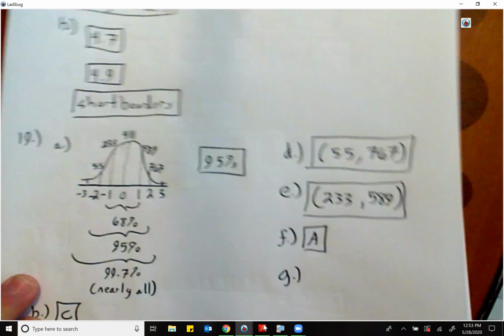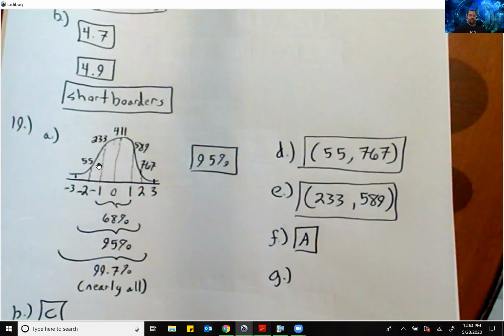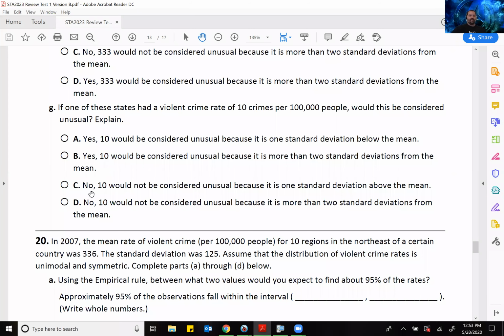So we know our answer is either A or B. It would be B, because it is more than two standard deviations from the mean. Does that make sense? Okay, all right.